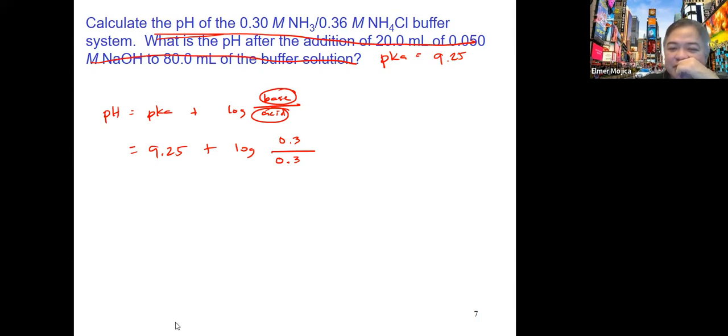You may ask yourself, how do we know which is the acid and which is the base? An acid always has one more hydrogen than the base. So you have NH3 and NH4 plus. This one is 0.30 and this one is 0.36.